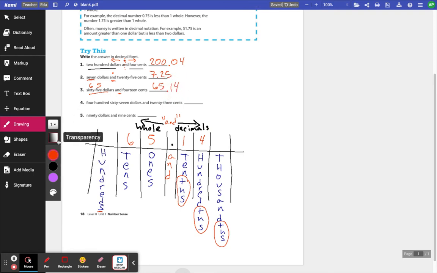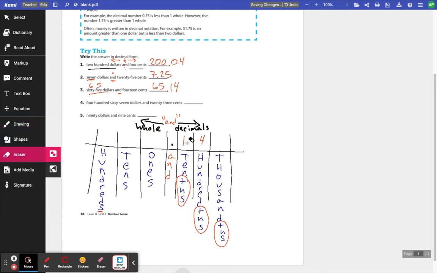Okay, number 4, $467.23. So again, 400 tells us that there's a 4 in the hundreds place, right? They even said 400, 67.